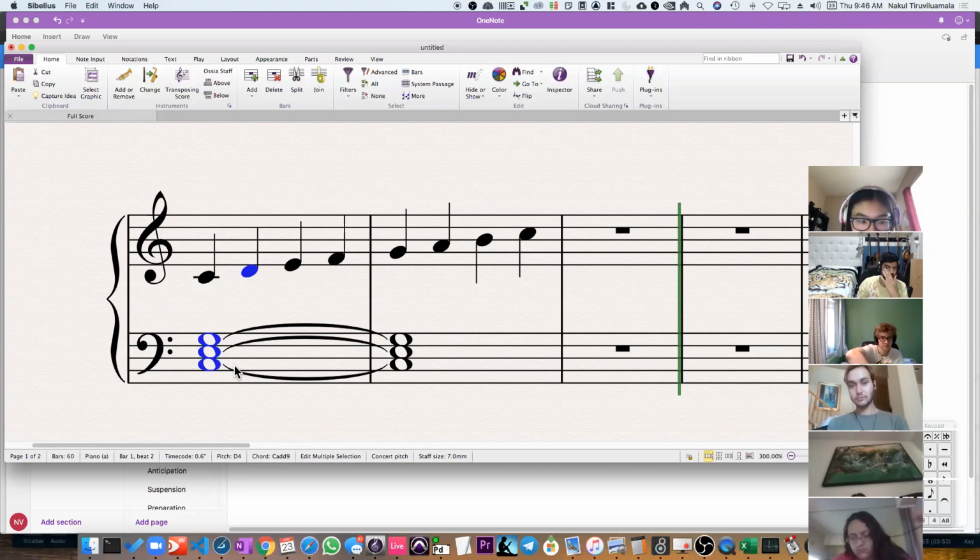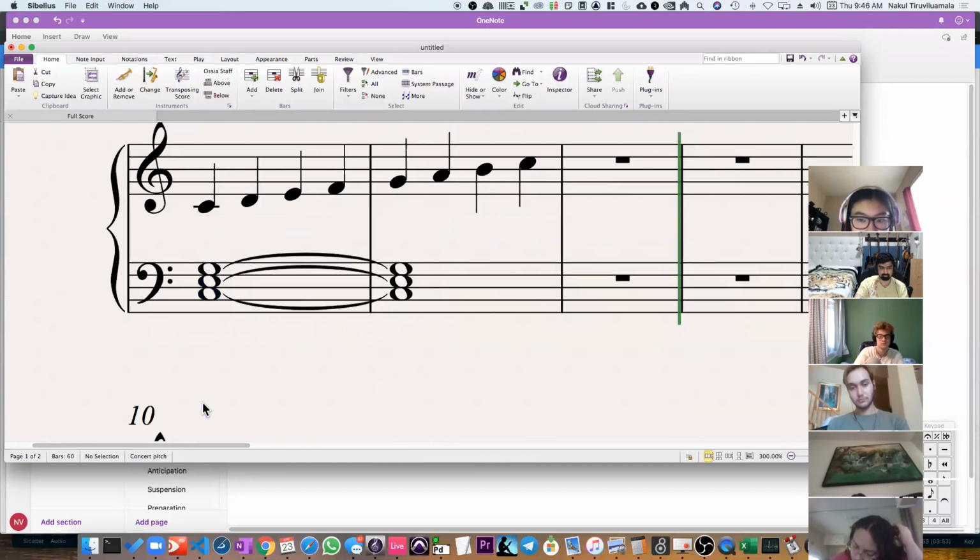So in a jazz world, if you combine this melody note with this chord, well, you could actually call this, oh, there we go. Sorry, my shortcuts are being weird. You could call this a C major add 9, right? So you have a C major chord, and then you're adding a 9.